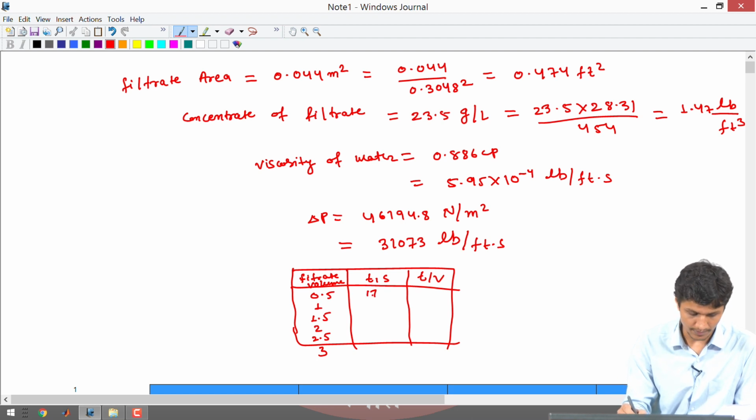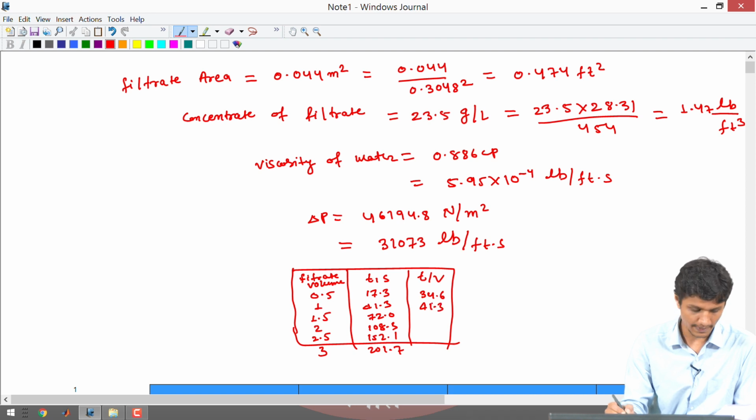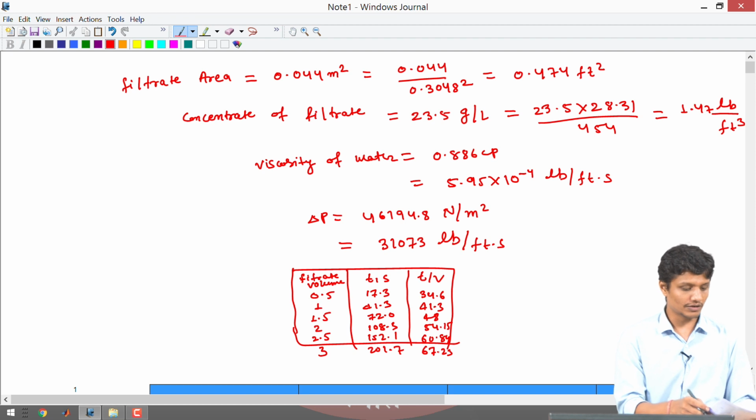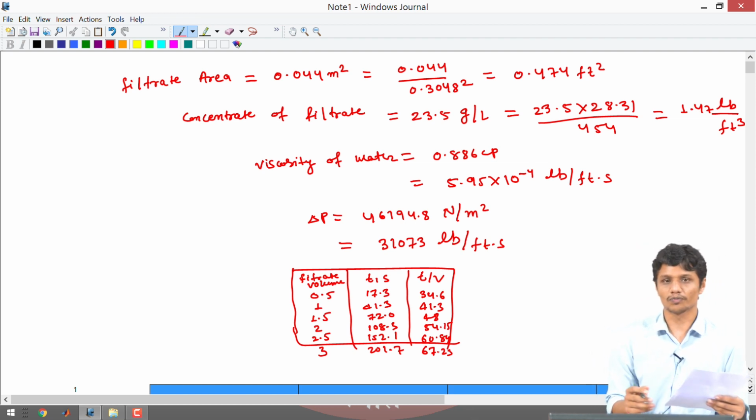And time is 17.3, 41.3, 72.0, 108.3, 152.1, 201.7, and T by V is given as 34.6, 41.3, 48, 54.15, 60.84 and 67.23.